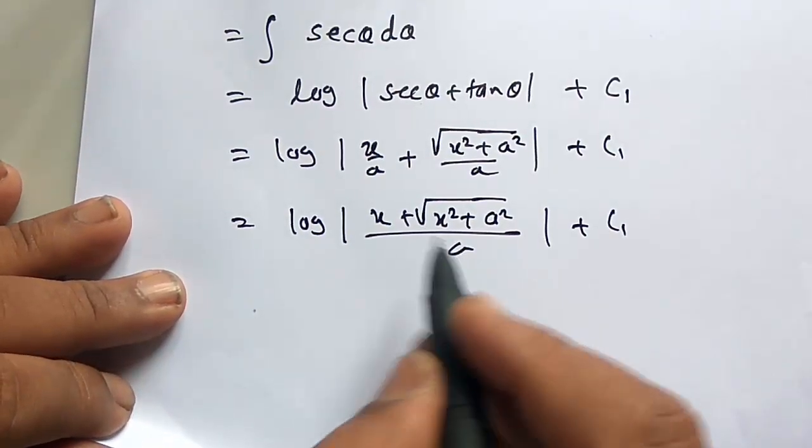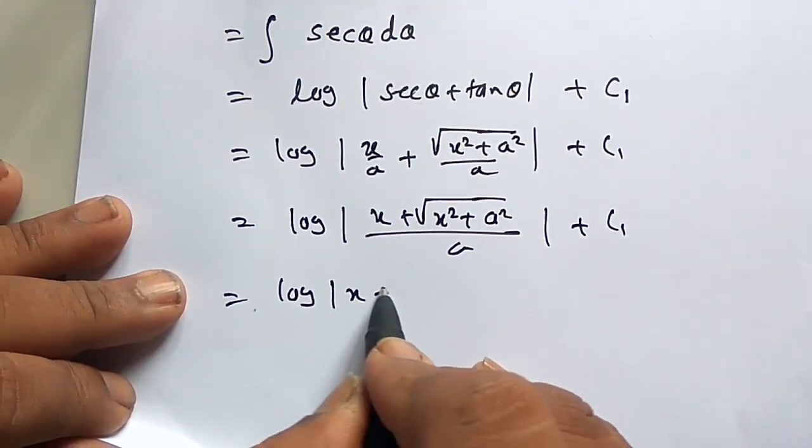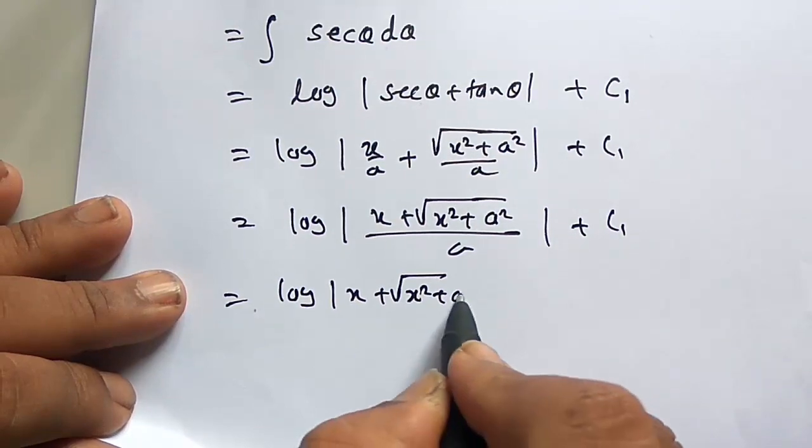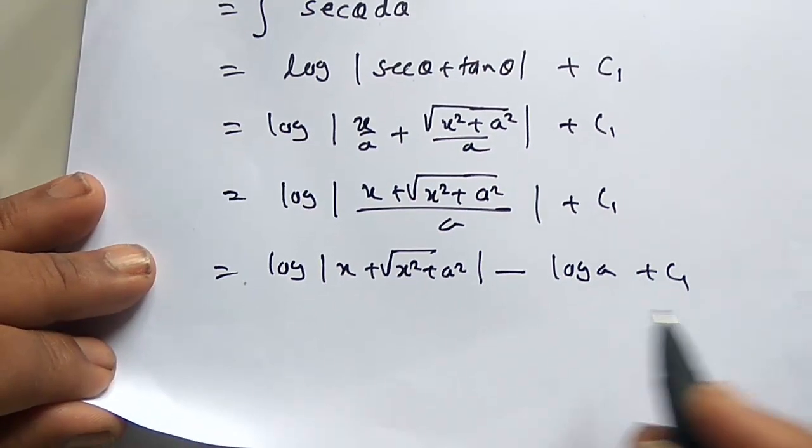Now, log of m upon n is equal to log m minus log n. So, it is log of x plus under root of x square plus a square, minus log of a, plus C1.